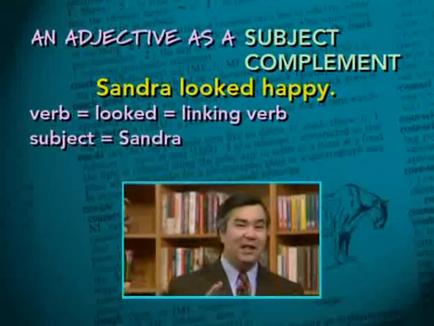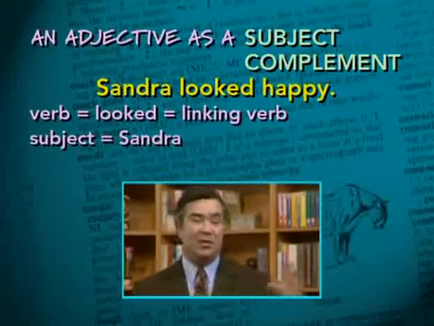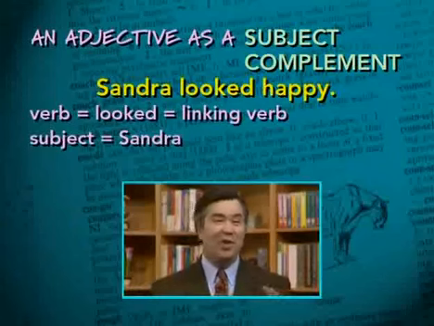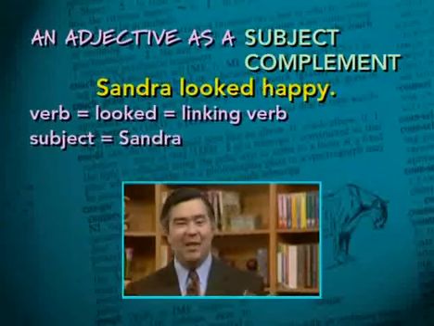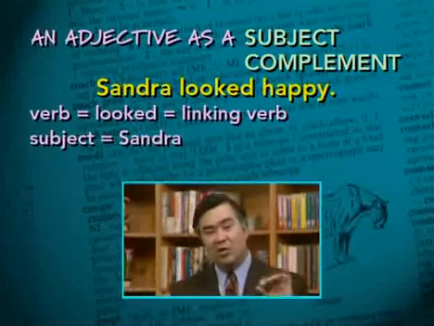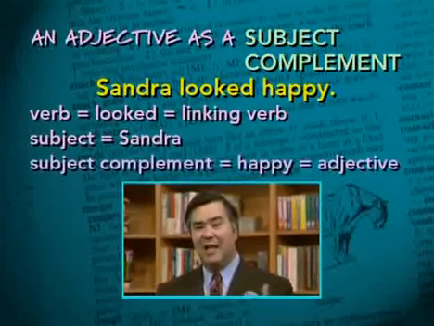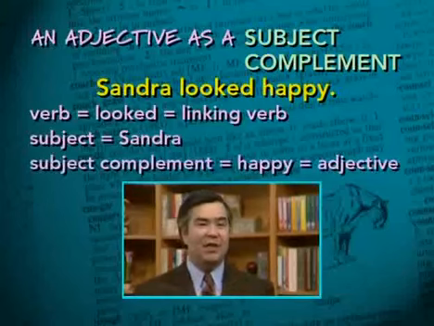We're being told that Sandra was happy. So Sandra and happy are being equated to one another. We're being told those two things are one and the same, Sandra and happy. So looked is acting here as a linking verb, and what follows is an adjective being used as the subject complement.